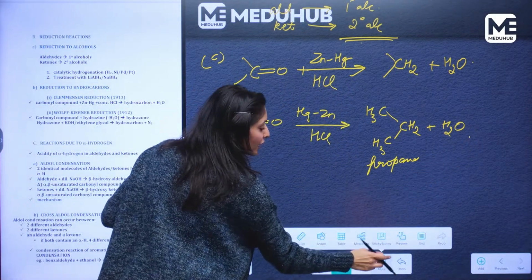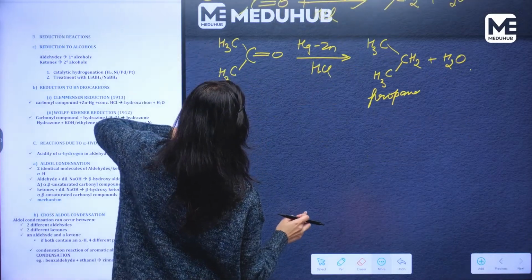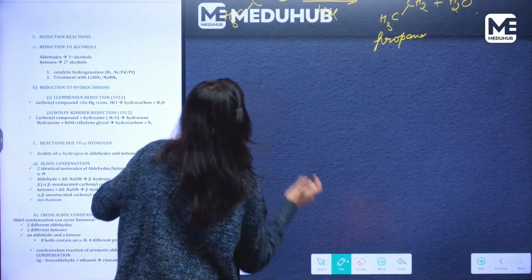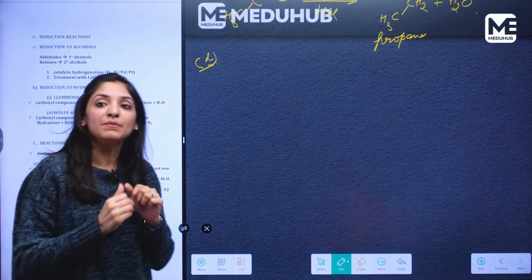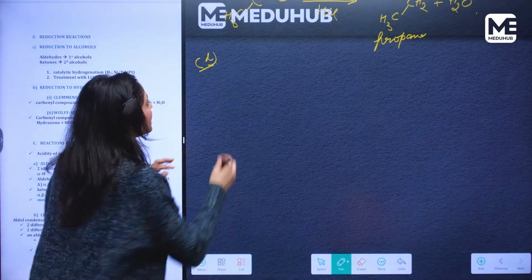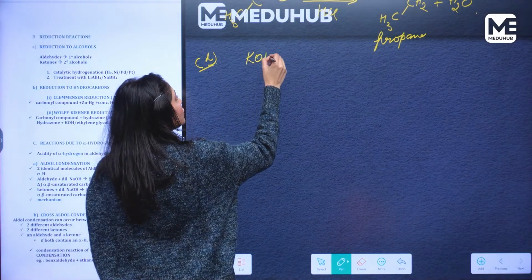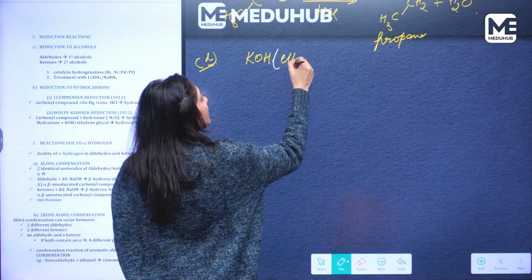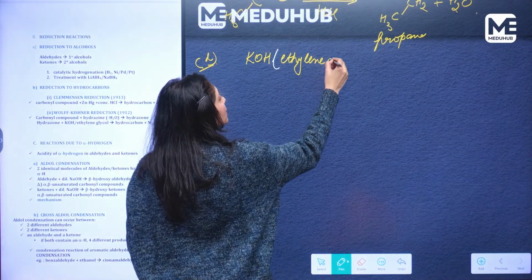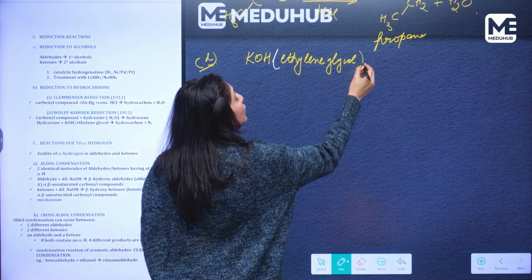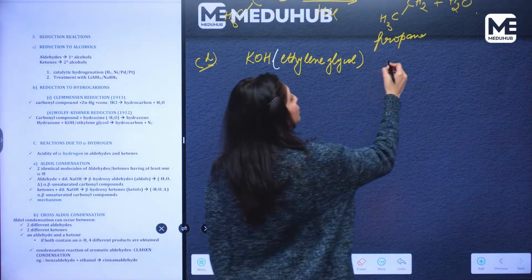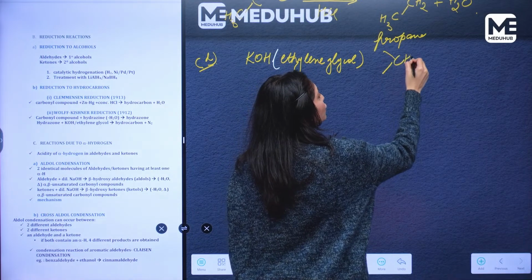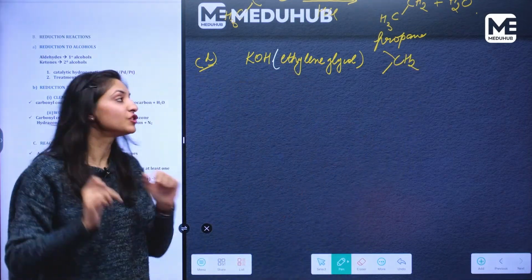The fourth method of reduction is Wolff-Kishner reduction. In Wolff-Kishner reduction, a semicarbazone or a hydrazone, they reduce in the presence of KOH in ethylene glycol. And the entire group attached to the carbonyl carbon is reduced and we get a CH2 group instead of the carbonyl carbon that was initially there.